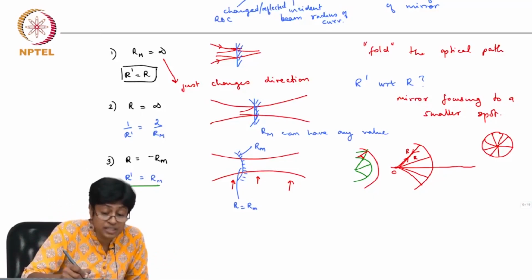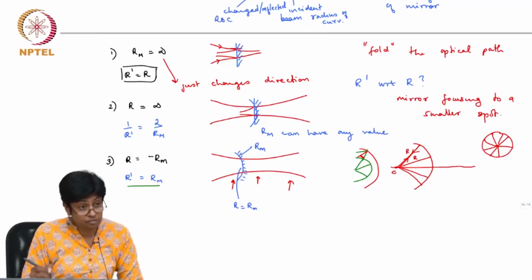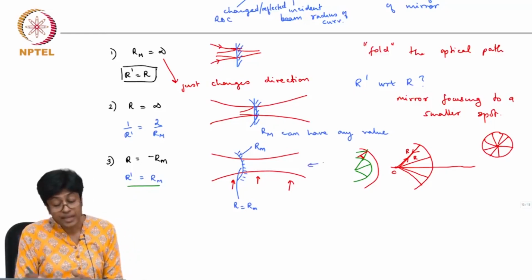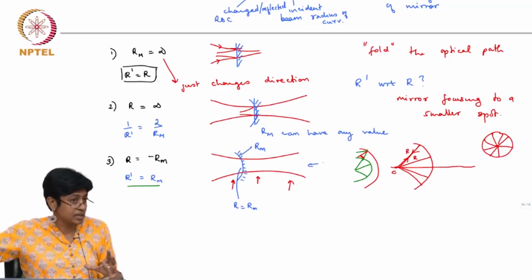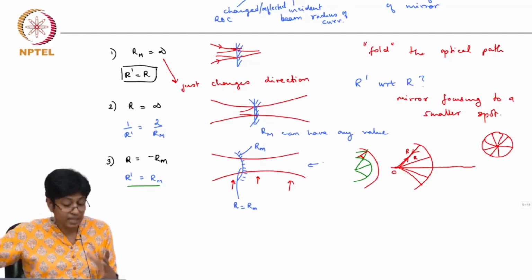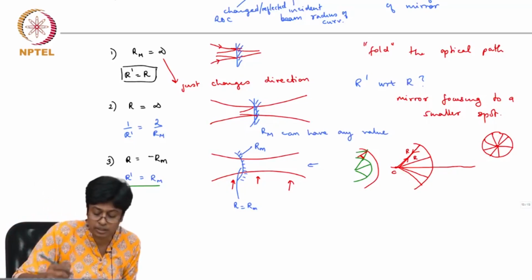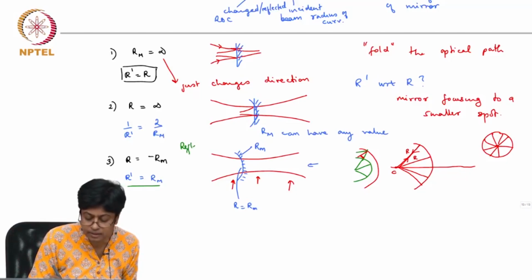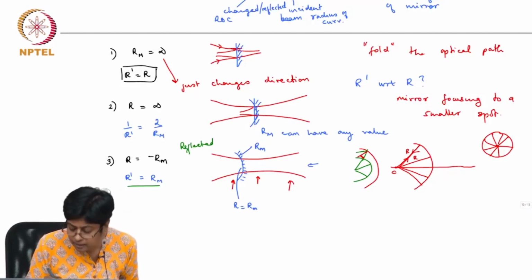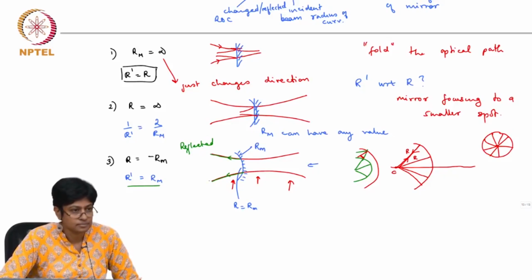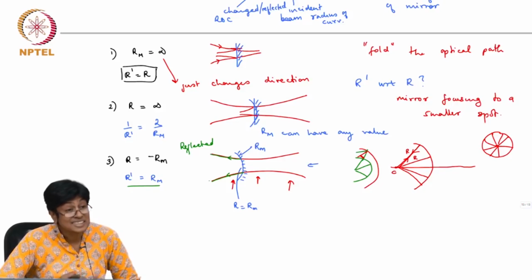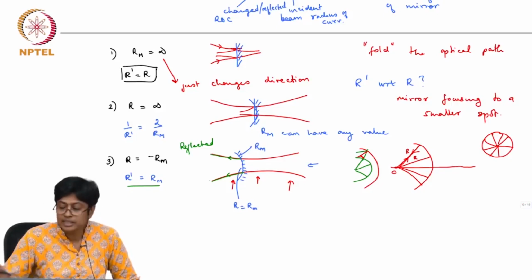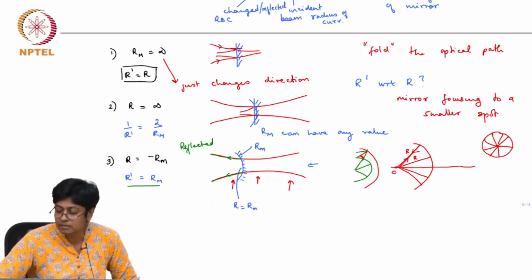So if I were to retrace the reflected, what I've drawn here is the beam as it would travel if there were no mirror. And now I'm drawing the reflected. So let's say the reflected light is in green, and the reflected light is going to come back this way. And this is exactly the condition that you set up when you're setting up a laser cavity.